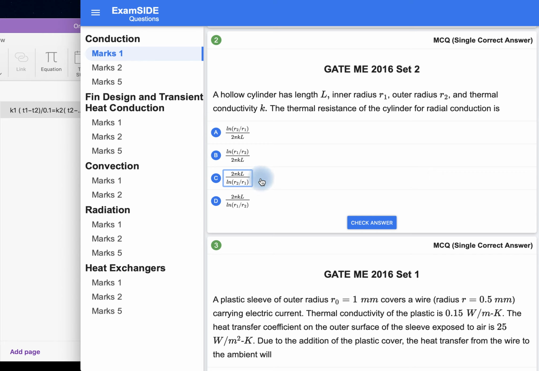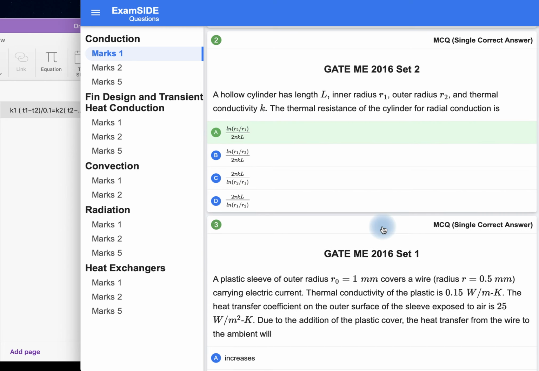Answers C and D are wrong, because there the conductivity is on the upper side, while the thermal resistance will be 1 upon conductivity. So the answer can be either A or B. Our formula is ln of R2 by R1 upon 2 pi KL, so the correct answer is A.